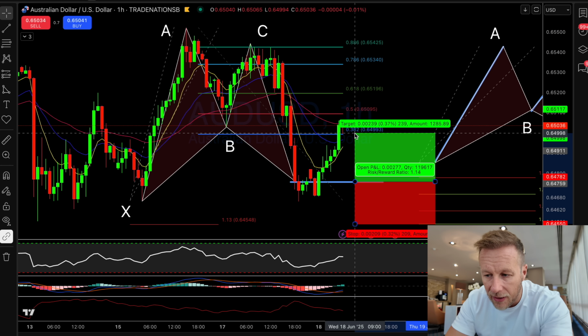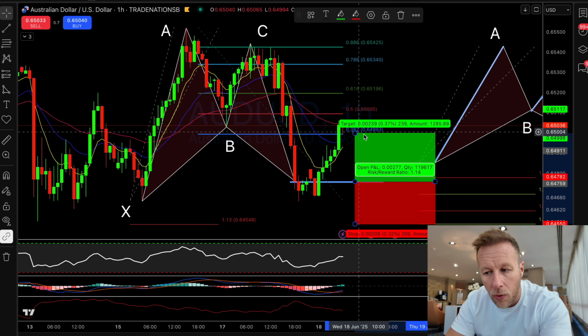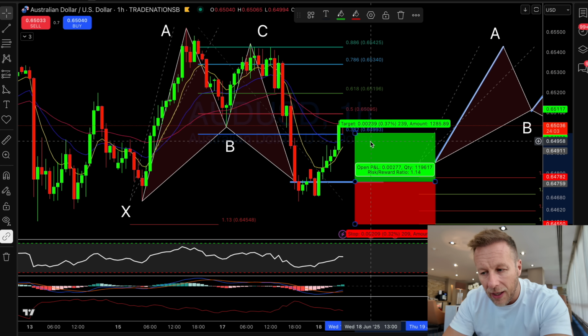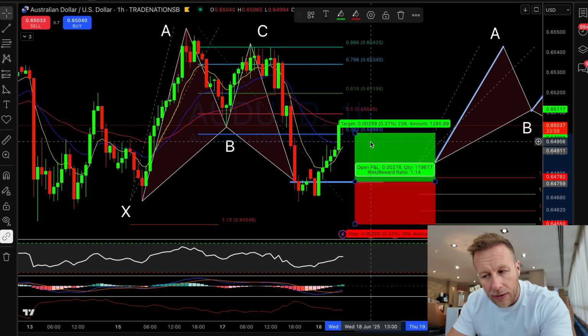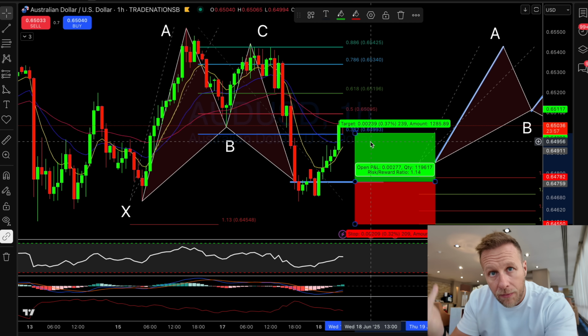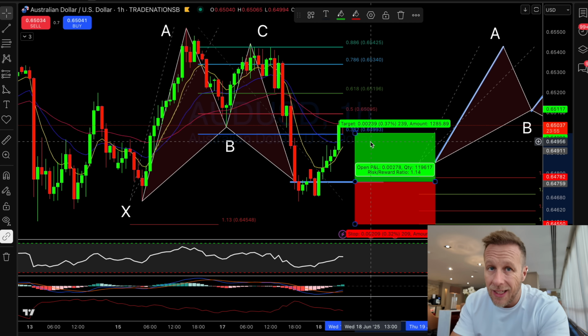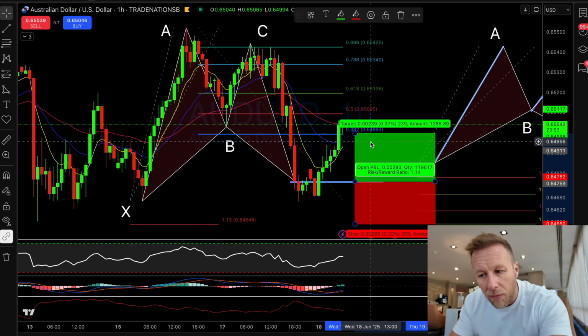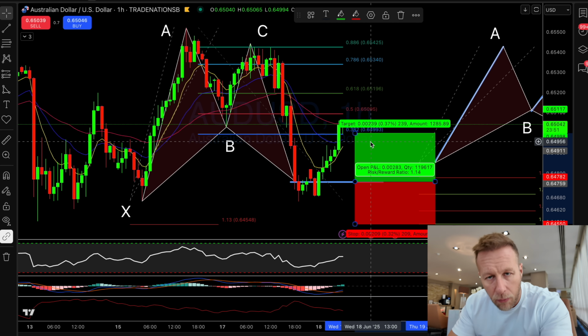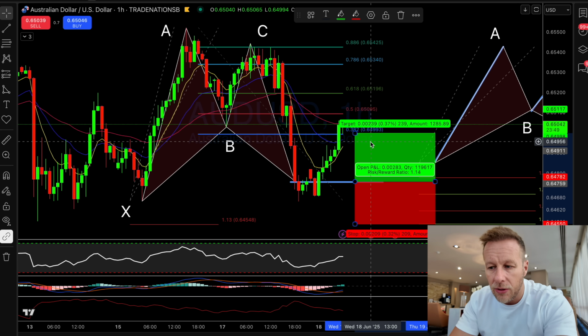So you can see that the target then became 1.1 to 1, okay? But we're still getting that 382 move. Does that make sense? Otherwise, you just don't know what you're looking for. Now you can go and test leaving your target in place, but for me personally, I always adjusted with price so that I knew I was getting that 382 move.